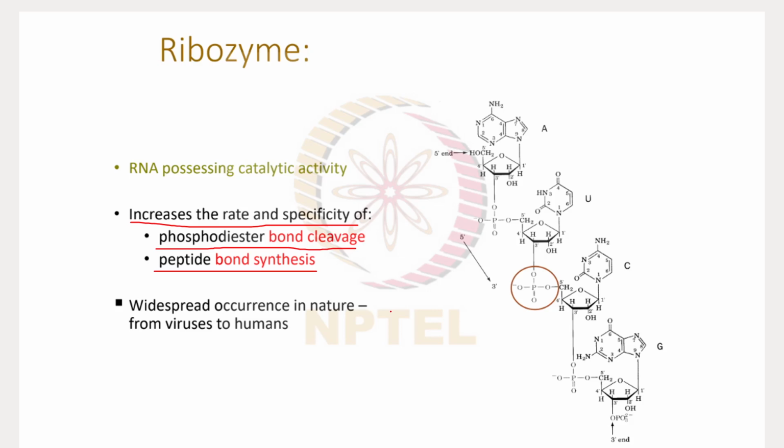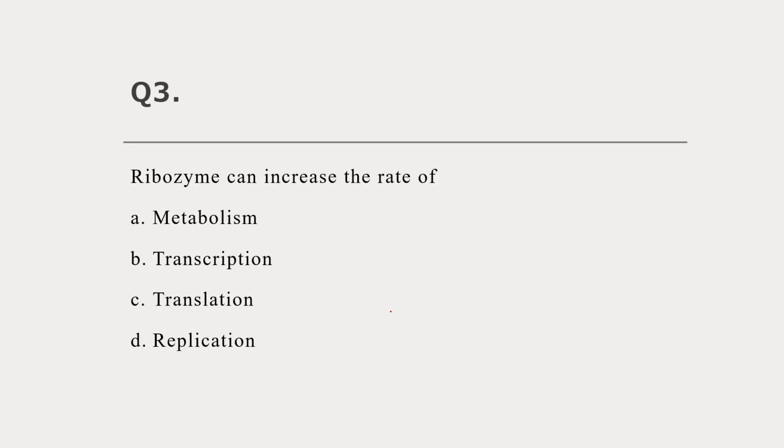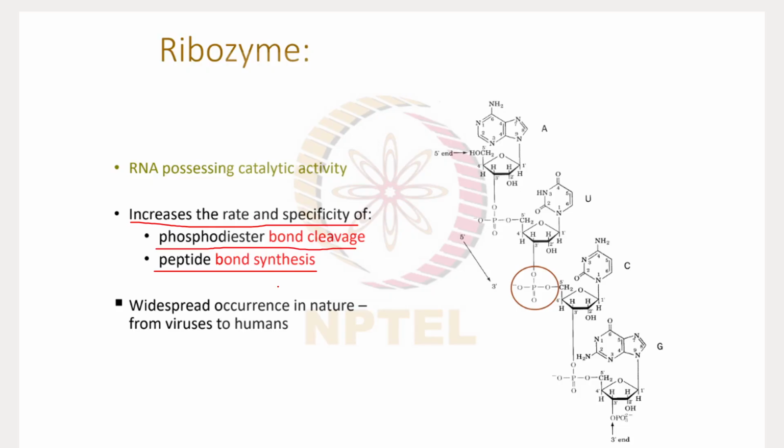So your answer will be translation. Understood? Because in transcription, the phosphodiester bond needs to be made, not broken. We need to synthesize it. That's why we'll go for translation, where it will help us synthesize the peptide bond.